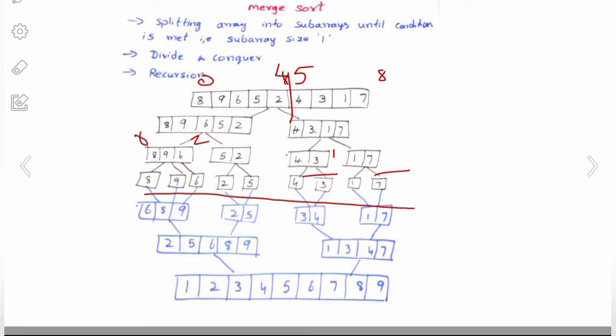Now we perform the conquering of the sub arrays. We sort the given sub arrays in ascending order, and then we combine all these elements into a single array. So this is the merge sort technique.